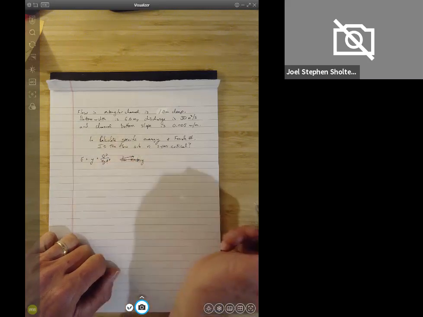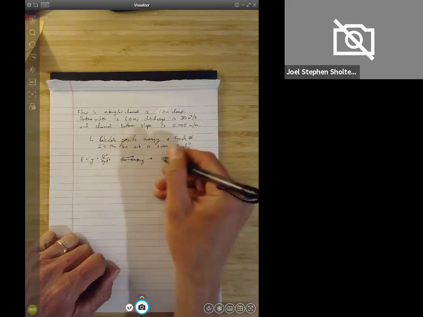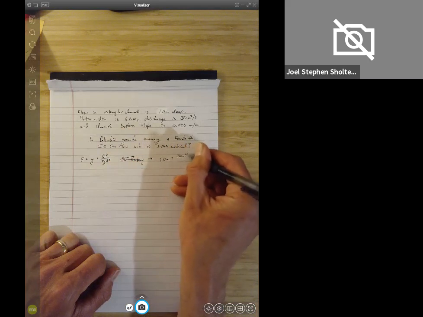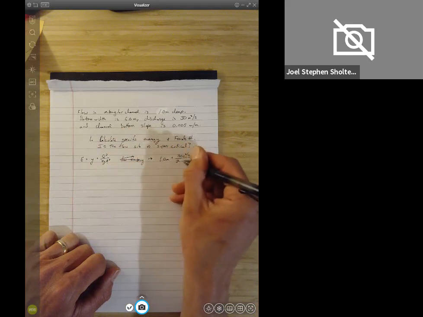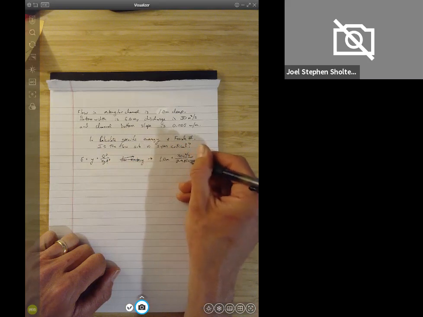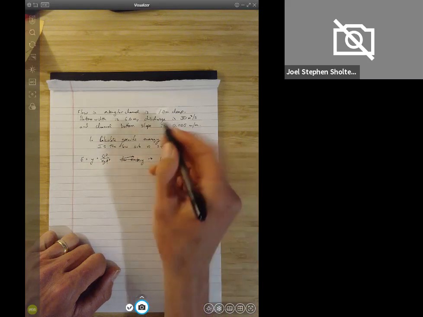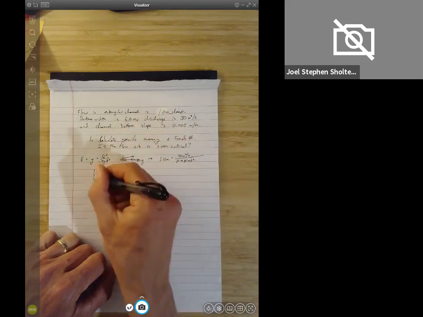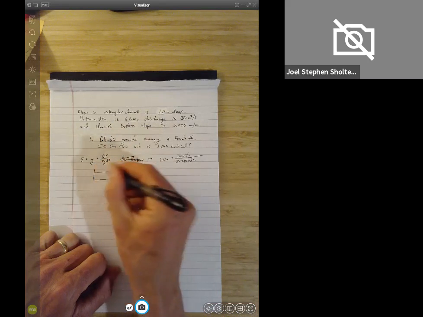So we can actually just plug these numbers in, and we have a flow depth of 1.0 meters. We have a discharge of 30 cubic meters per second, 2 times 9.81 meters per second squared times our area. And the area is going to be the depth times the width. So just draw this out.